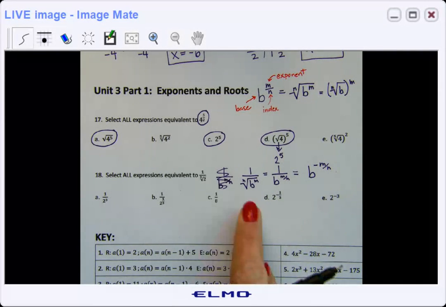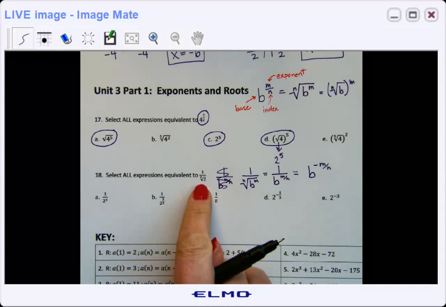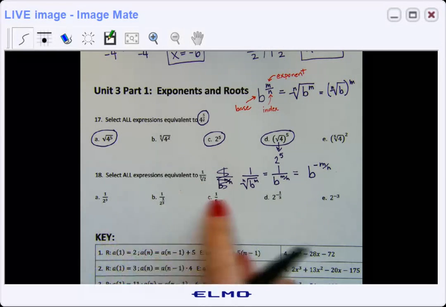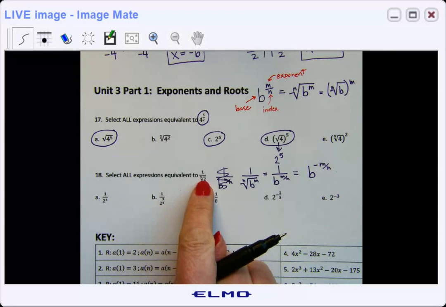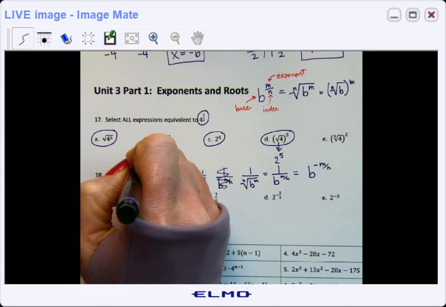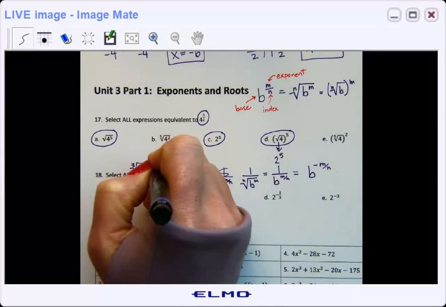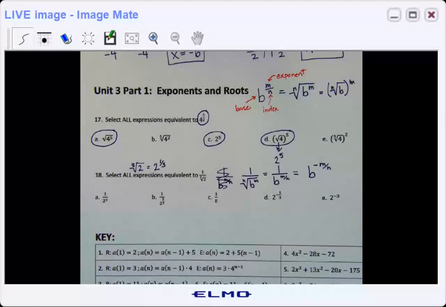Okay, so how does that apply? Can you see representations like this down in the answers? All right, so this is the cubed root of 2. The cubed root of 2 equals 2 to the 1/3. Okay, so let's keep that in mind.